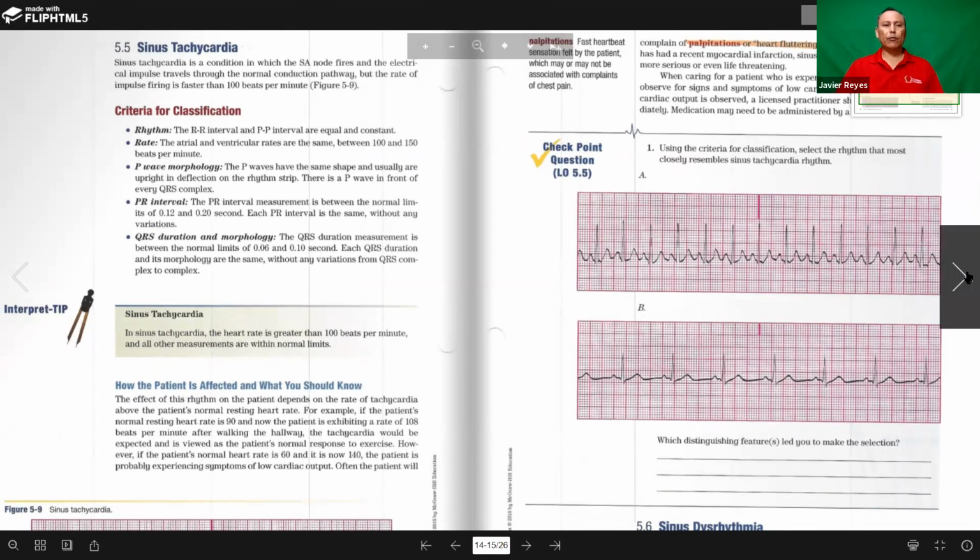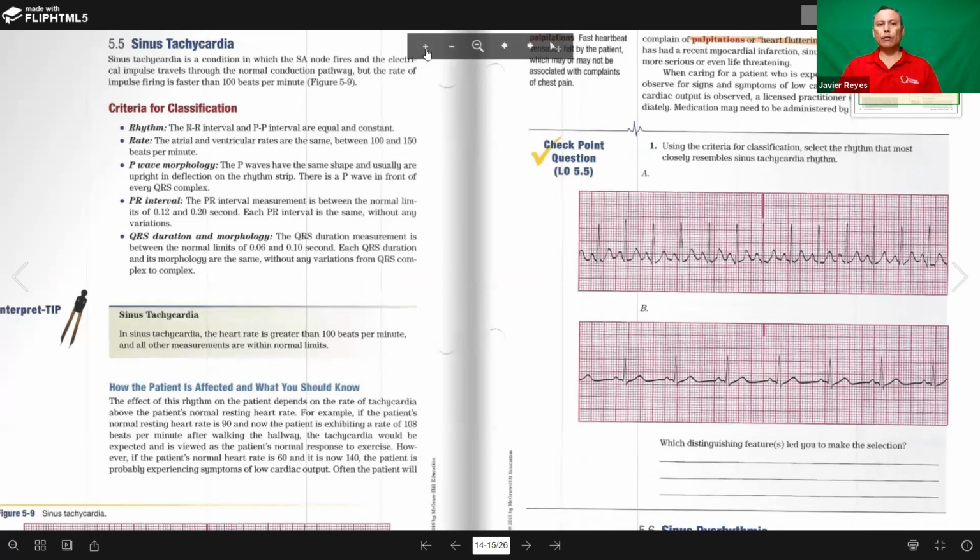Tachycardia. And you have to evaluate everything else in between. The P wave morphology looks all about the same. What about the PR interval? Is the PR interval the same? Remember, this is where the calipers come in handy. Measure one, and they have to be about the same. And then lastly, your QRS duration and morphology.